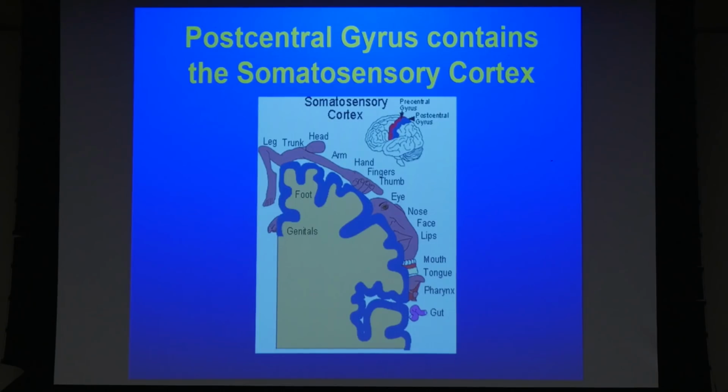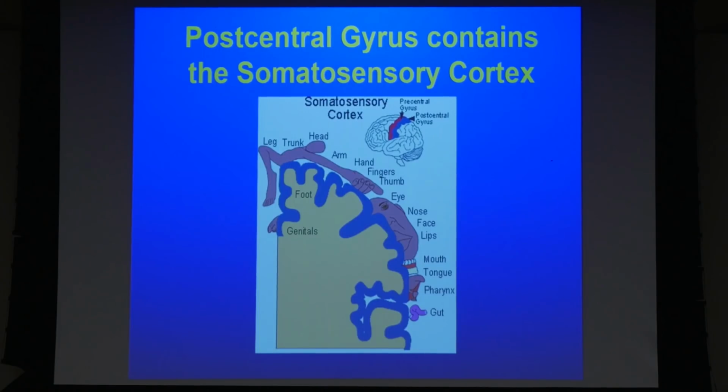And that post-central gyrus contains the 6 neuronal cell body layers as part of its cortex that is receiving all this information coming in from the thalamic relay neurons. So the thalamic relay neurons, the third-order neurons, are sending processes up and forming synapses onto the neuronal cell bodies in this region. And this is what Wilder Penfield found.